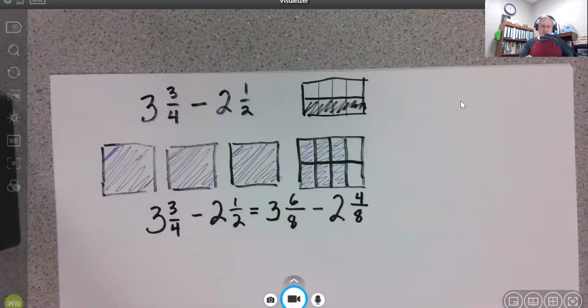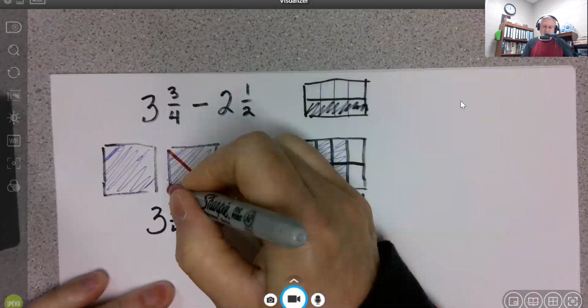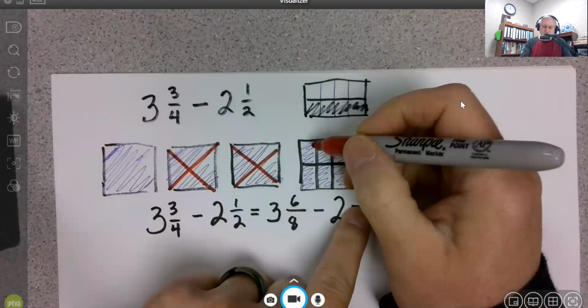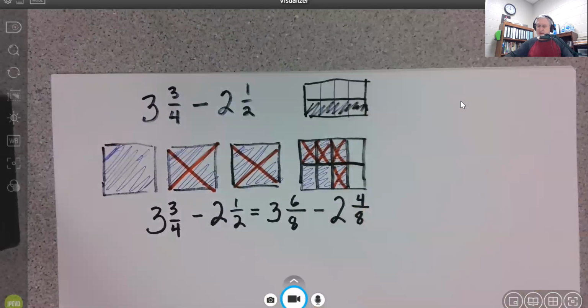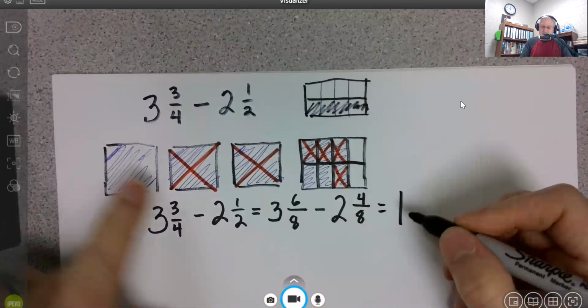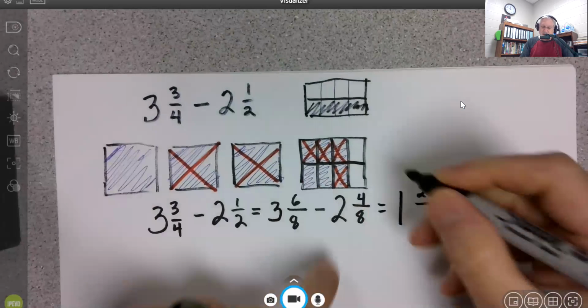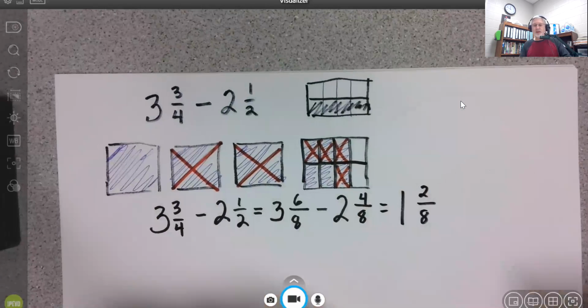And I can go ahead and subtract by crossing them out using red X's. And I'm going to subtract 4 parts. So what I have left over is 1 whole and 2 parts out of my total of 8. So my answer is 1 2/8.